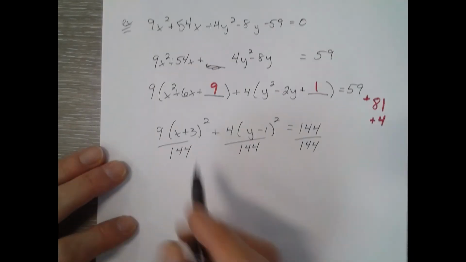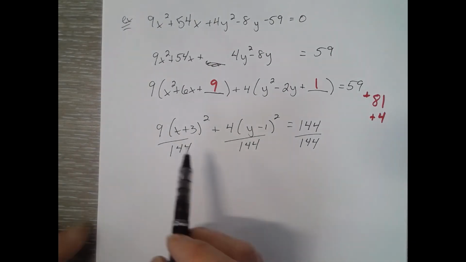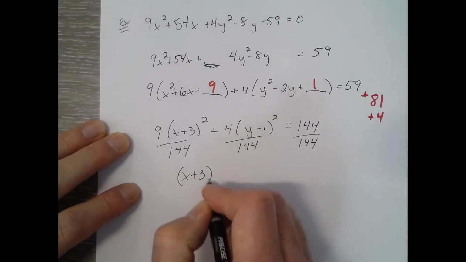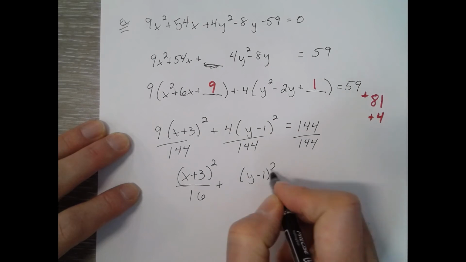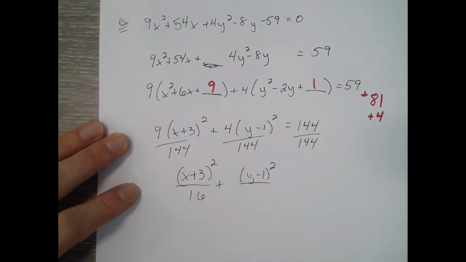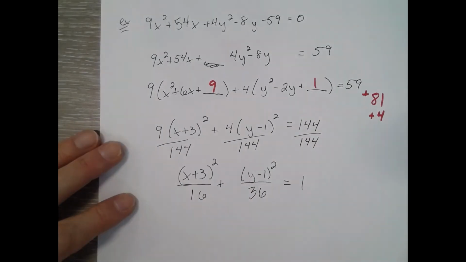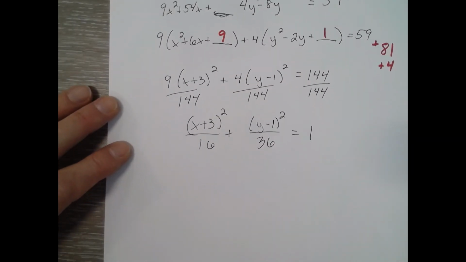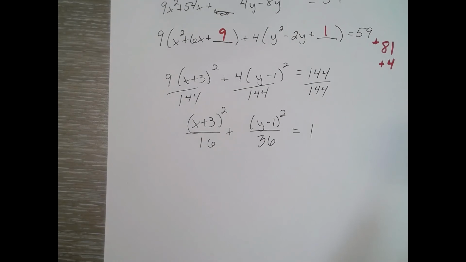So now 9 over 144 goes in there, 16 times. x plus 3 squared over 16 plus y minus 1 squared over 4 goes in there, 36 times, equals 1. So after all of that, we have a workable equation, just like we had before.